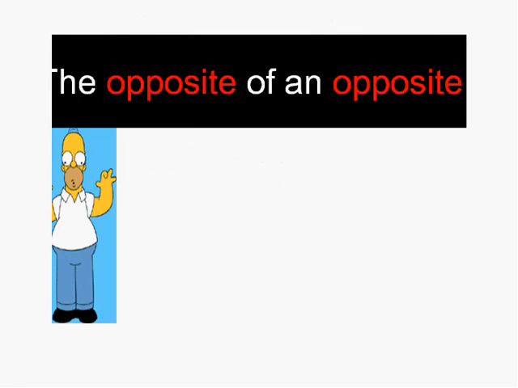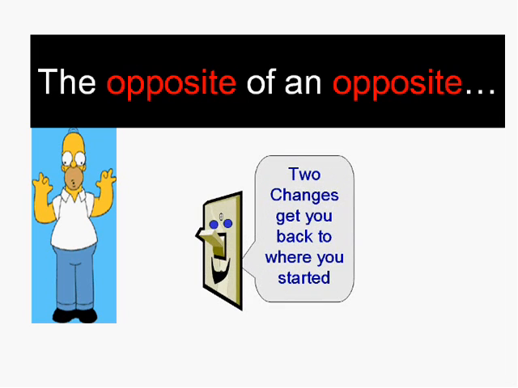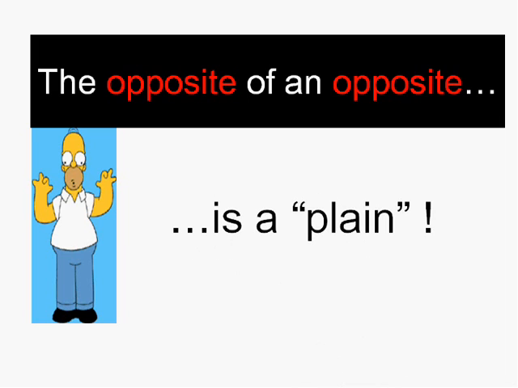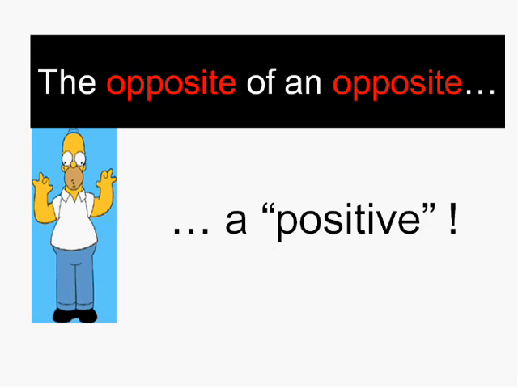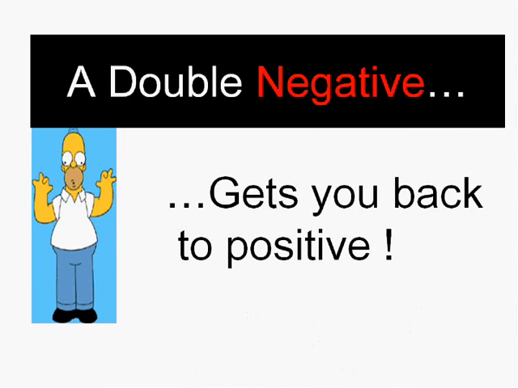So you could say the opposite of an opposite will bring you back to where you started, won't it? It's a positive. The negative of a negative is a positive. A double negative is going to get you back to a positive, and we're pretty good with positives.